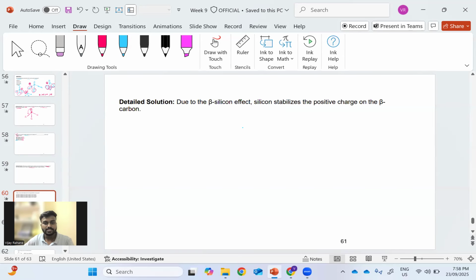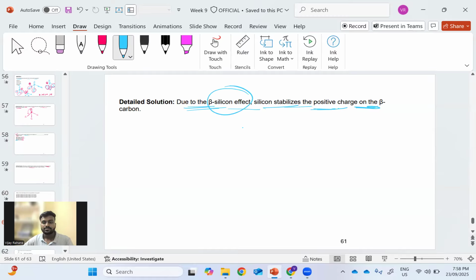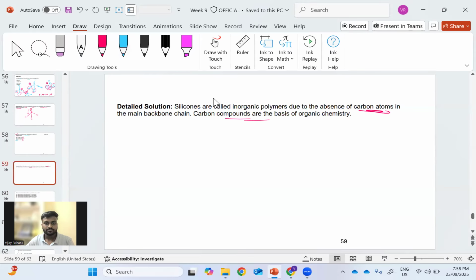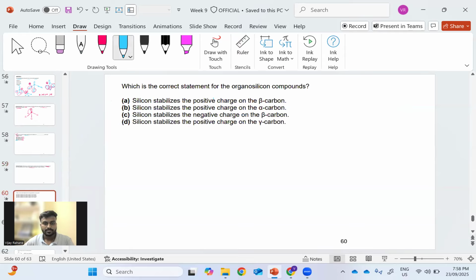So which one is the correct statement here? Due to the beta silicon effect, silicon generally stabilizes the positive charge on the beta carbon atom. So option A is the correct option here.